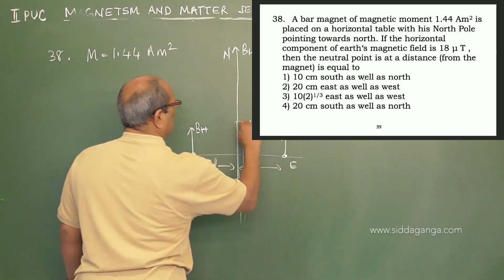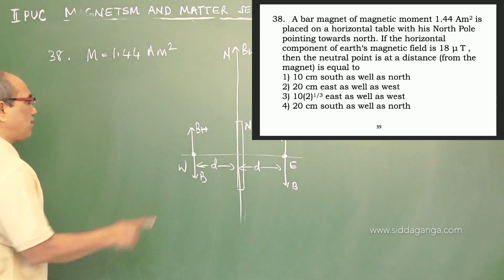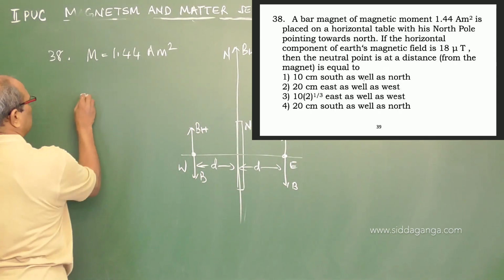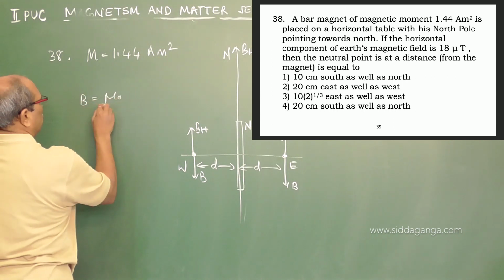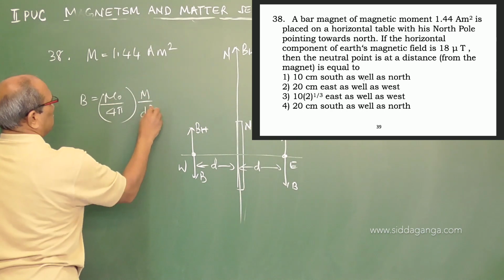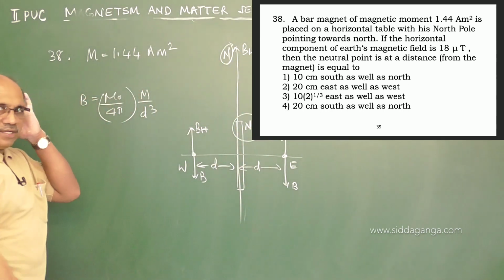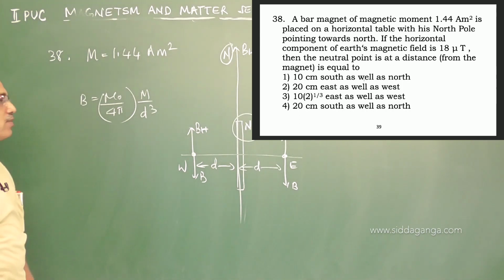So using the perpendicular axis relation, B is equal to mu naught upon 4 pi, M upon d cube, in the equatorial plane, where we get the neutral point.